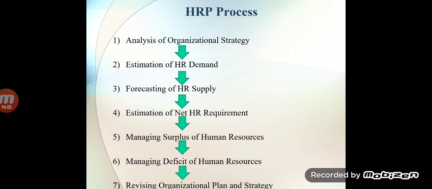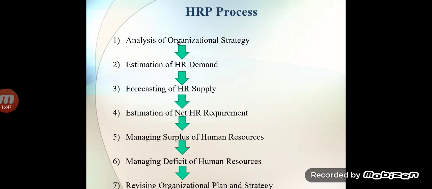Human resource requirement is estimated keeping in view organizational strategy. Requirement is to be estimated in terms of number, in the sense of how many employees would be needed to implement corporate strategy. In the same way, estimation is to be done for the type of employees needed in terms of required skill and knowledge.